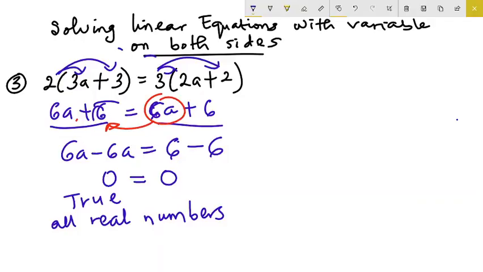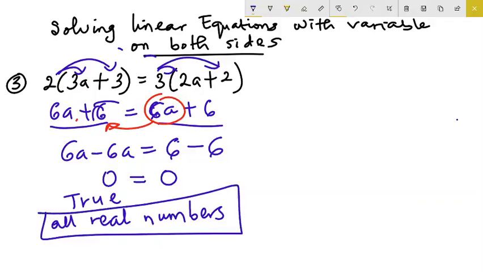In that case, we say we have an identity solution. So the solution in this case is all real numbers, because 0 equals 0 is a true statement.